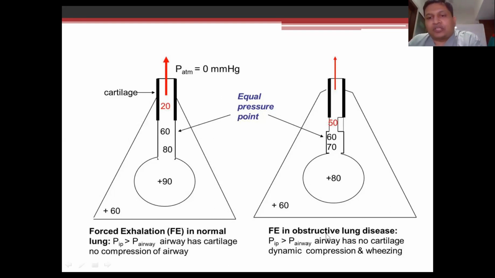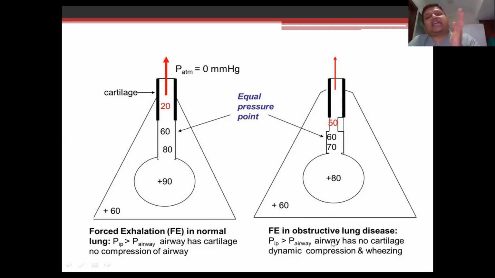So during forceful expiration in an obstructive disease, when bucket handling is happening, the child is using the abdominal muscles and accessory muscles and tries to force out the air. What will happen? There will be a dynamic compression of your peripheral airways. This is called dynamic compression. Say 100 ml of air comes into your lung, and at the end of expiration, all that 100 ml cannot go out.